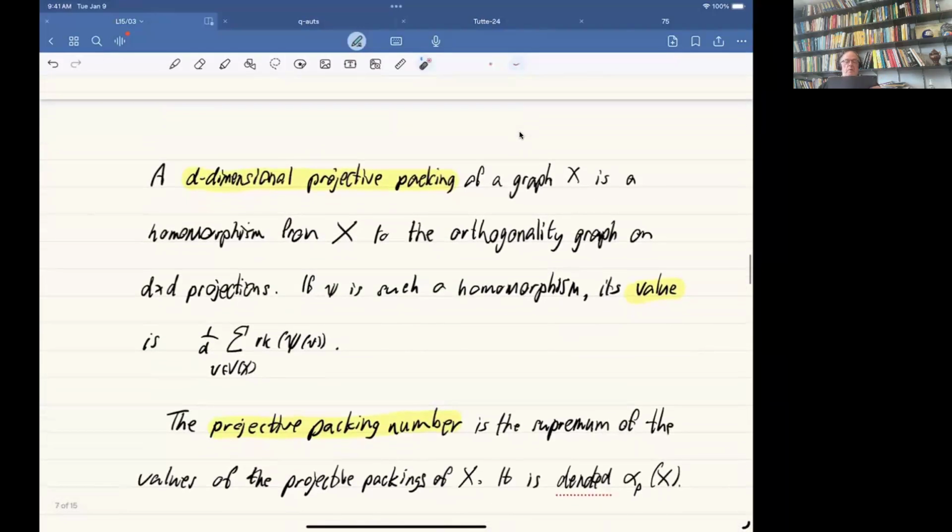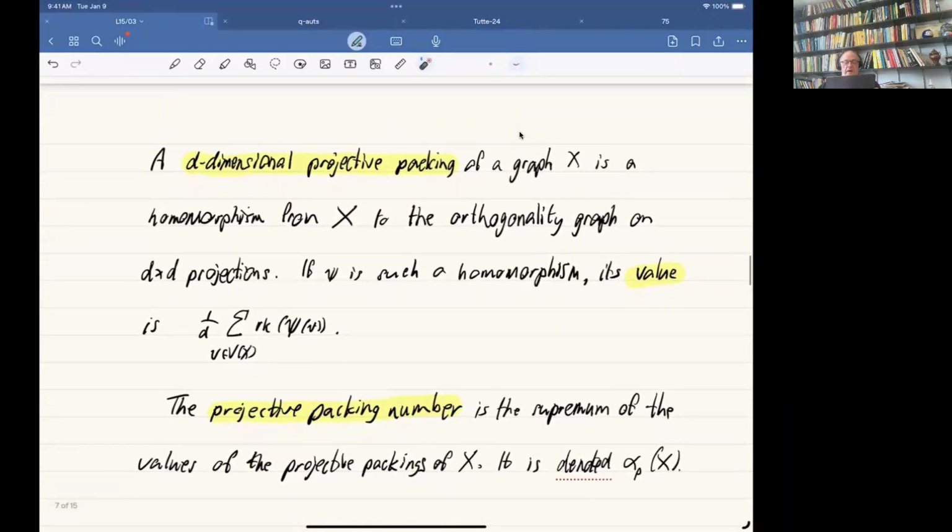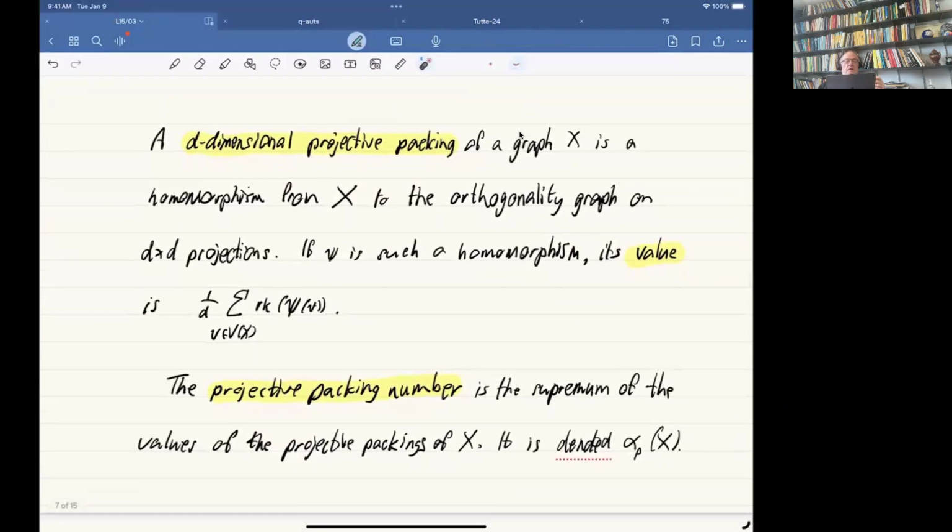Now, the proof involves us bringing in one more parameter, unfortunately, and that's a projective packing. So a d-dimensional projective packing of a graph is an isomorphism from the graph to the orthogonality graph on the d by d projections. It's an infinite graph, so it's an orthogonality graph.